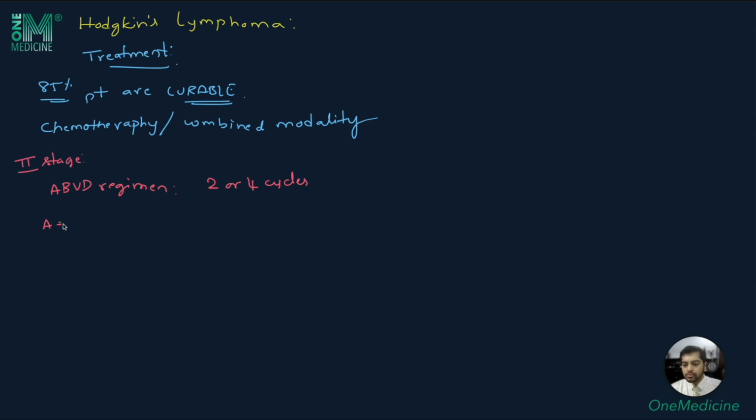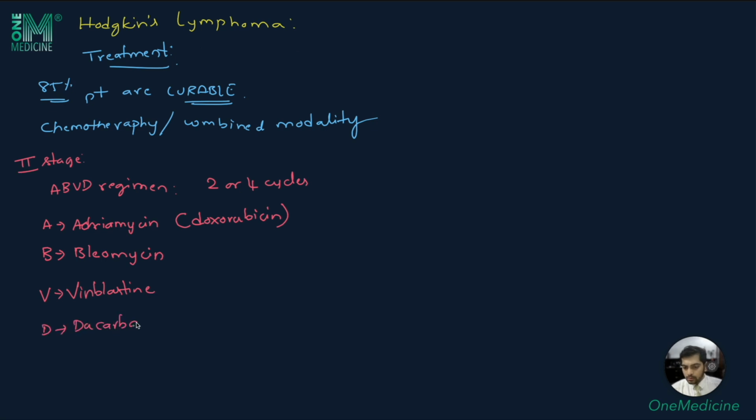ABVD is A for adriamycin, also known as doxorubicin, B is bleomycin, V is vinblastine, and D is dacarbazine. Patients who are in third or fourth stage of the disease usually receive 6 cycles of ABVD regimen.